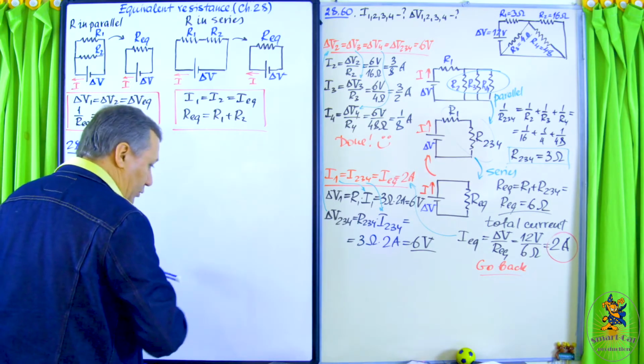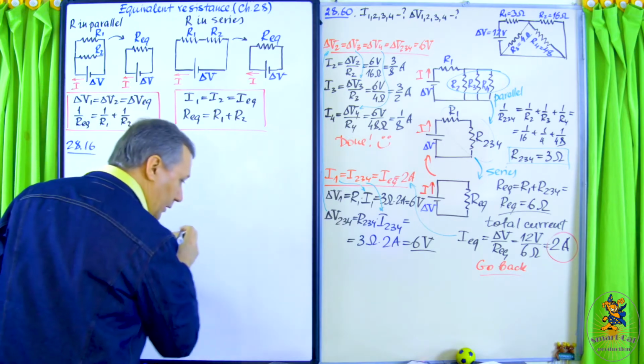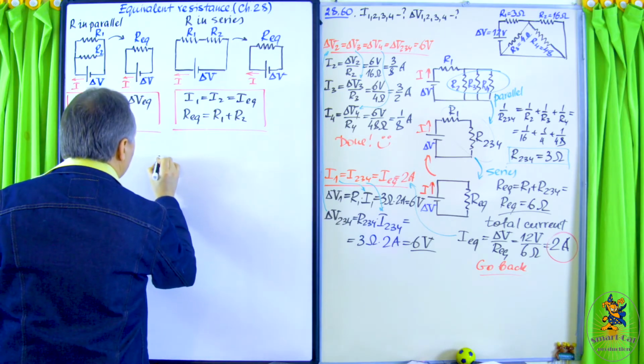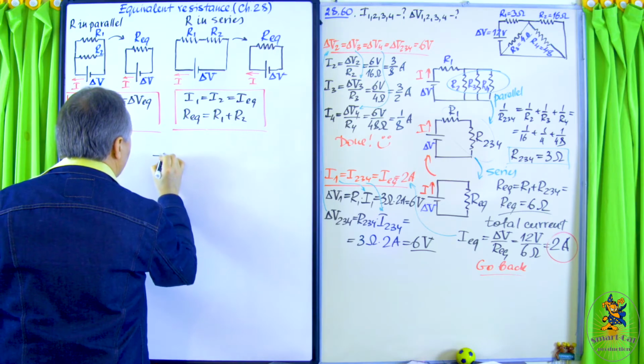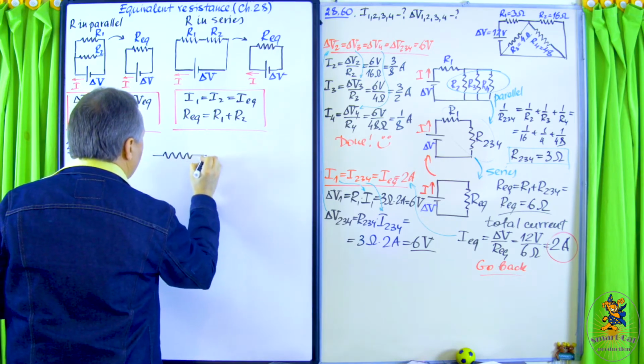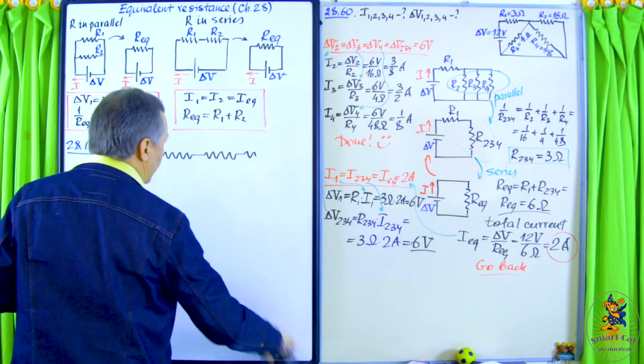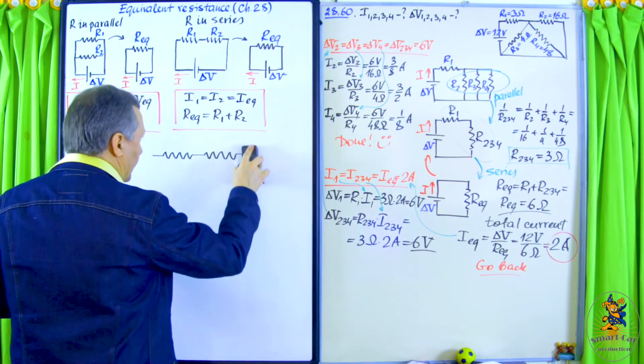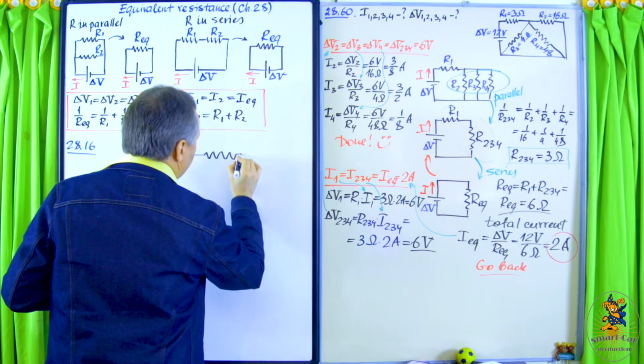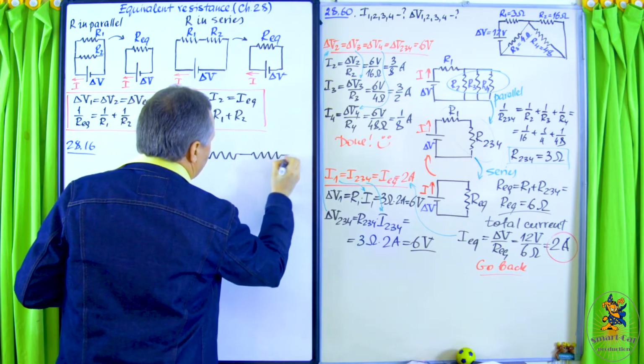Right, so now let me draw the situation. Let's say we have resistor number 1, then resistor number 2, and then resistor number 3.